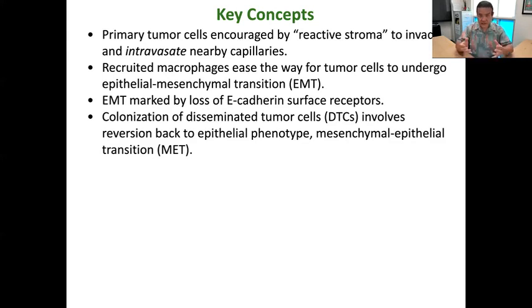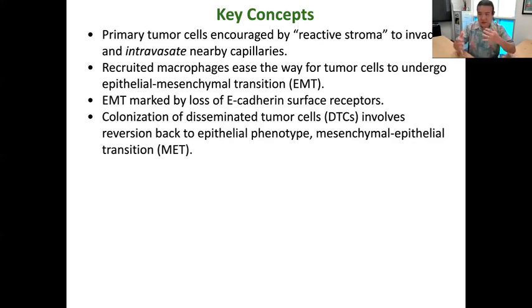This transition from a more epithelial state to a more mesenchymal state is marked by certain changes in protein expression, including downregulation of cell-to-cell adhesion molecules like E-cadherins that epithelial cells normally rely upon to stay put in the right spot with their neighboring epithelial cells and only be happy if they are properly in the right spot.